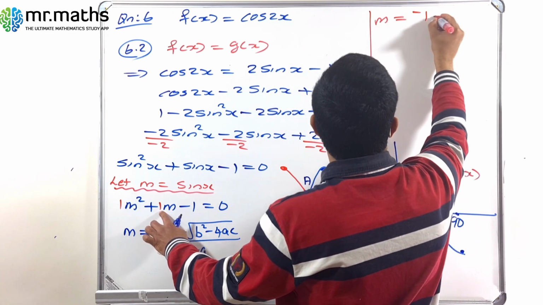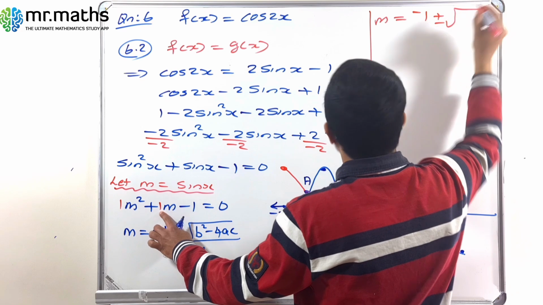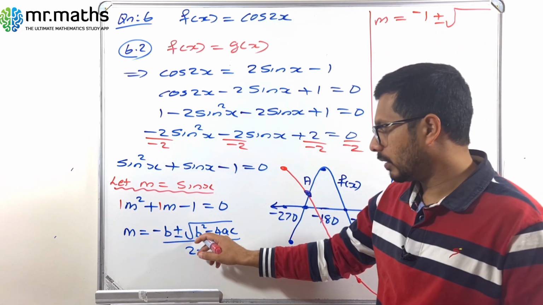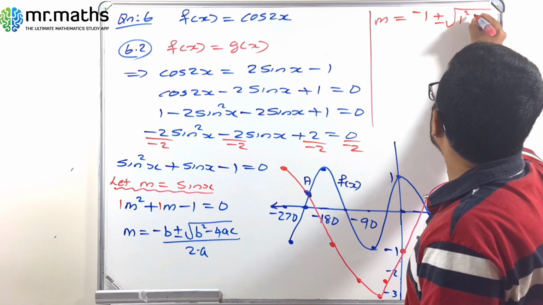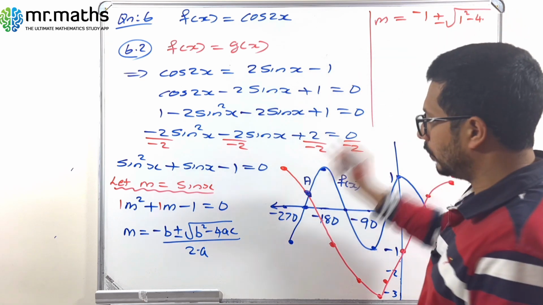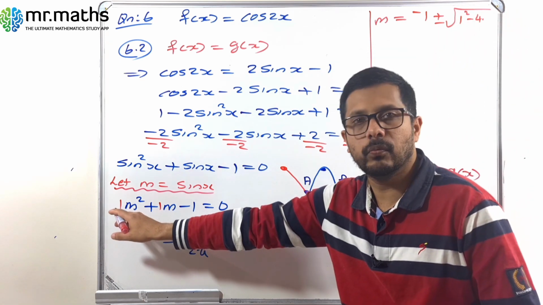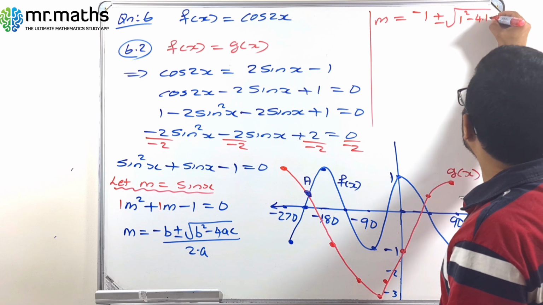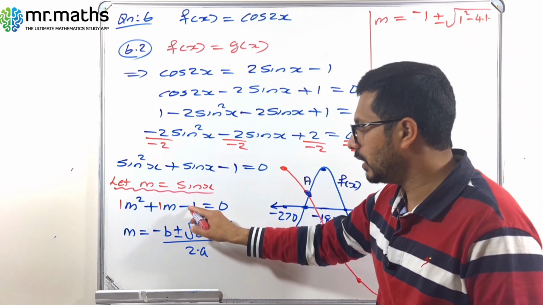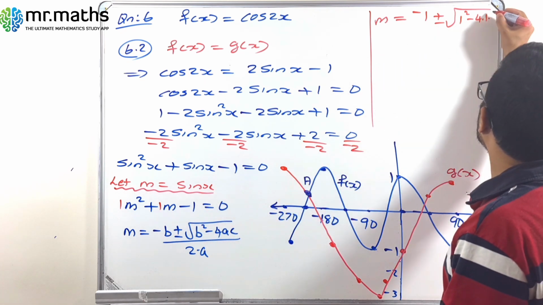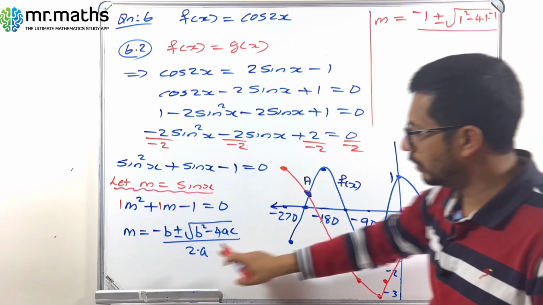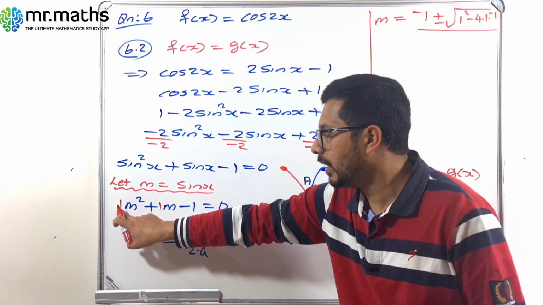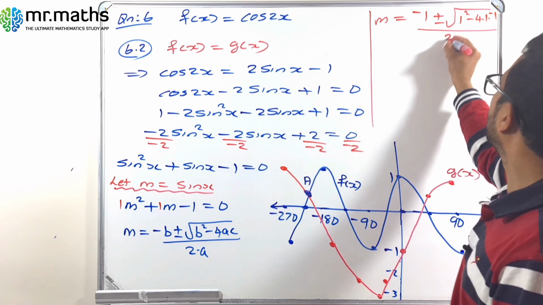So minus 1 plus or minus root of 1 squared minus 4 into a, what is a? 1, into c, what is c? Minus 1, the whole divided by 2 into a, which is 2 into 1.